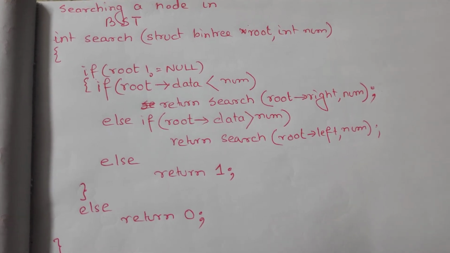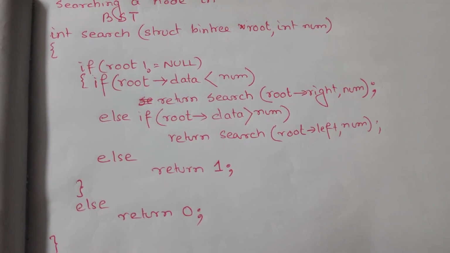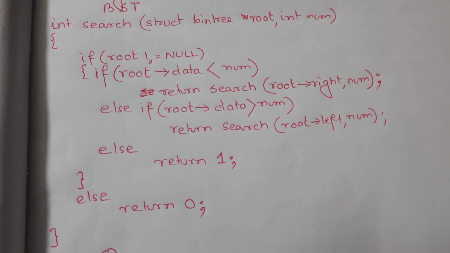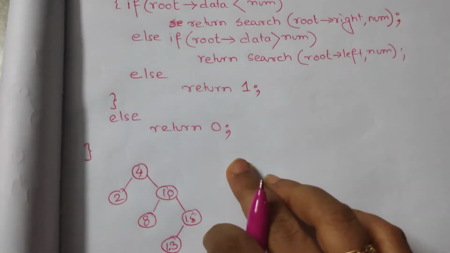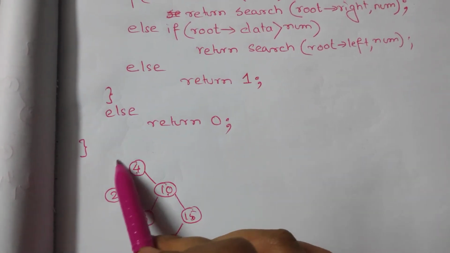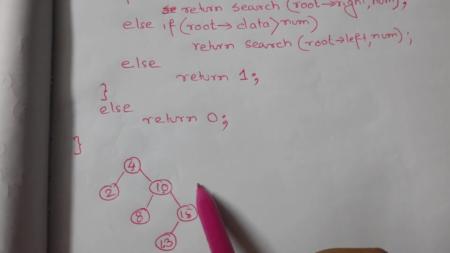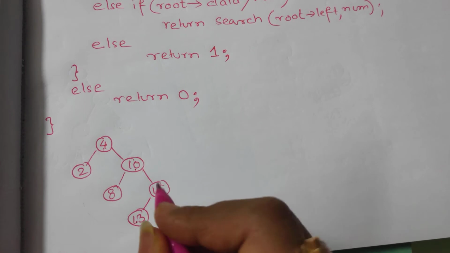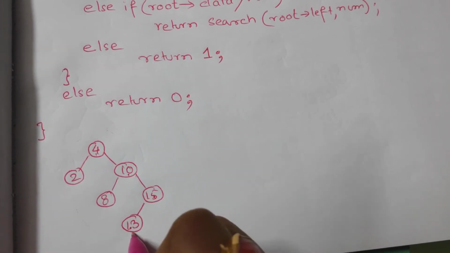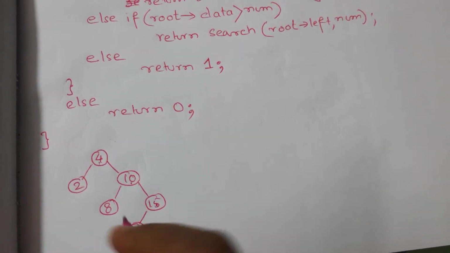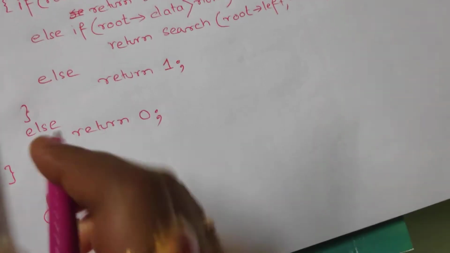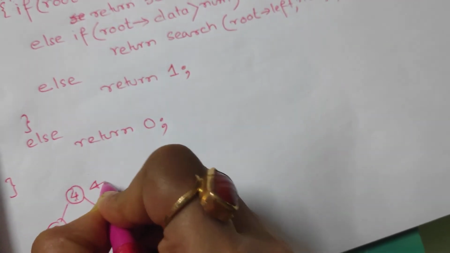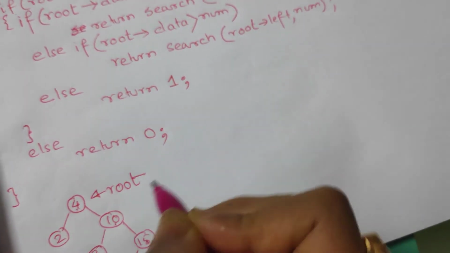Now let me explain to you the algorithm, and with an example I will explain how it is working. Now let's take this binary search tree and let us search out the node 13 from the tree. So this is the binary search tree, this is the root, and we want to search out the number 13.